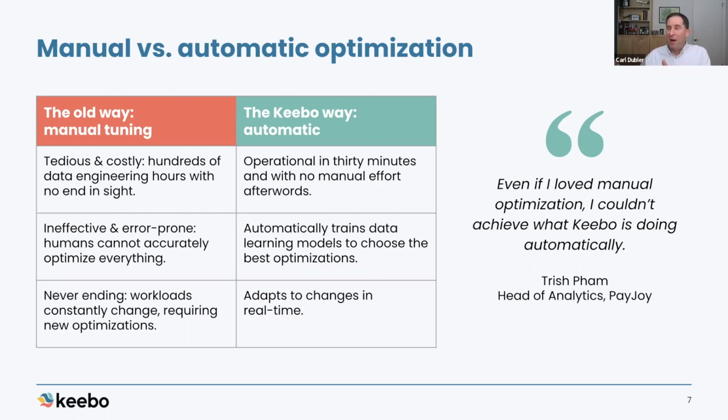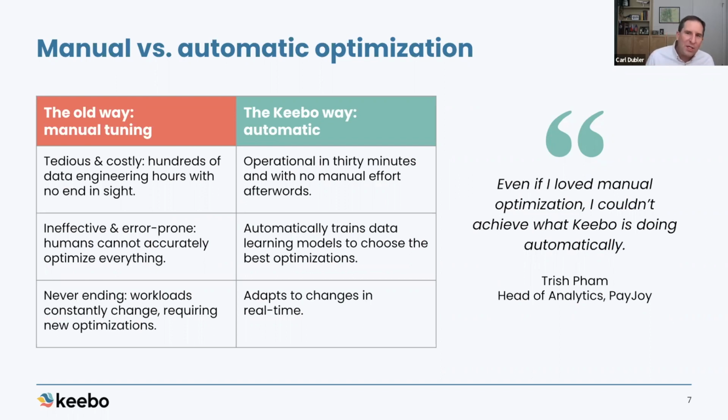We look at about 30 different parameters of Snowflake in order to make these optimizations. Even if you loved doing that, which our customer Trish here from PayJoy says, even if she loved doing all of that optimization, there's no way she could do what Keebo could do automatically, because we're looking at tons of data and making optimizations all the time, not just once a day or once a week, something like that.